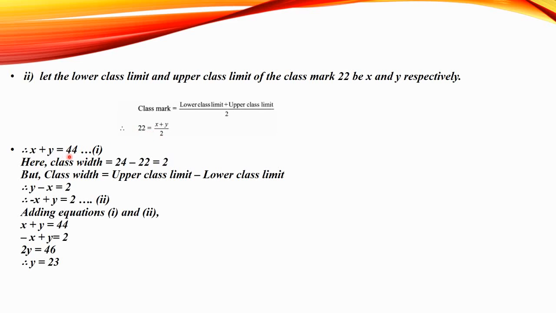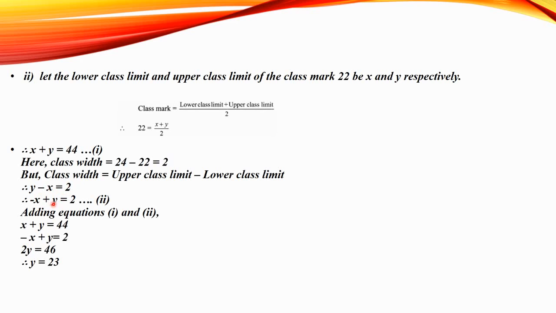Let it be equation number 1. Now class width is given as 24 minus 22 is equal to 2. The formula for class width is upper class limit minus lower class limit. So we get y minus x is equal to 2.